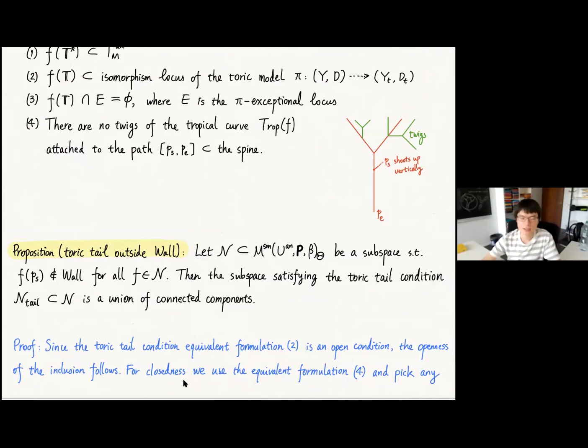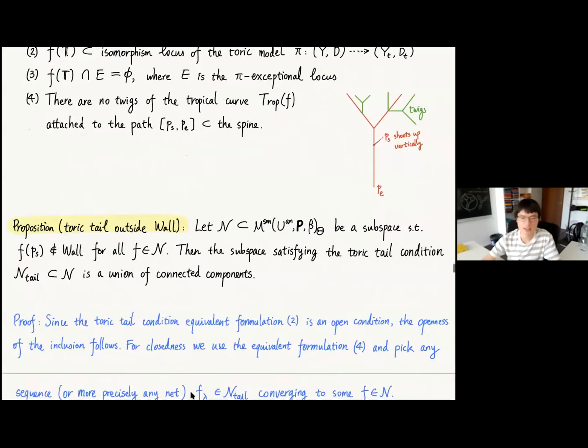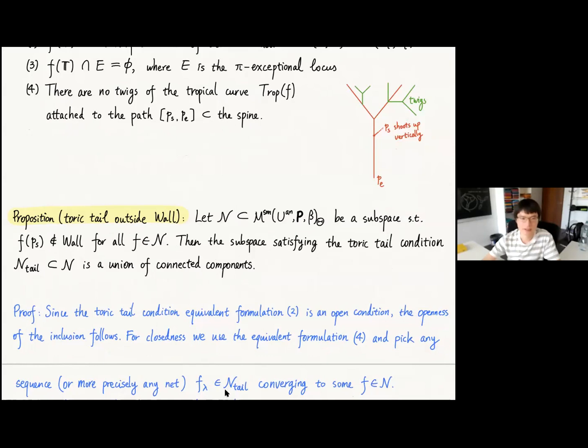For closedness, we use the equivalent formulation four and pick any sequence f lambda in the subspace N tail convergent to some f in N. More precisely, we'd better pick any net instead of a sequence because the underlying topological space may not be first countable.